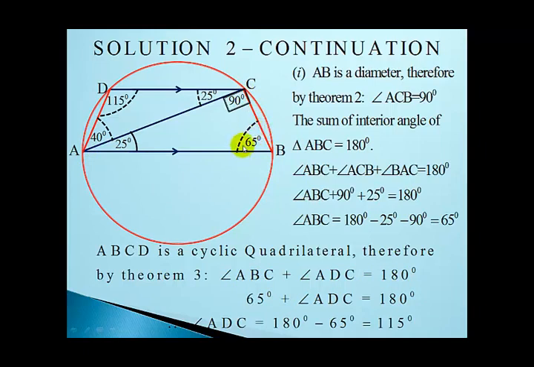That means that 65 degrees plus angle ADC, the angle at D, is equal to 180. So 65 degrees on the left hand side becomes minus 65 on the right hand side. And so angle ADC is equal to 180 degrees minus 65 degrees, and the answer is 115 degrees. That is how we have angle ADC, the angle at D, to be 115 degrees.